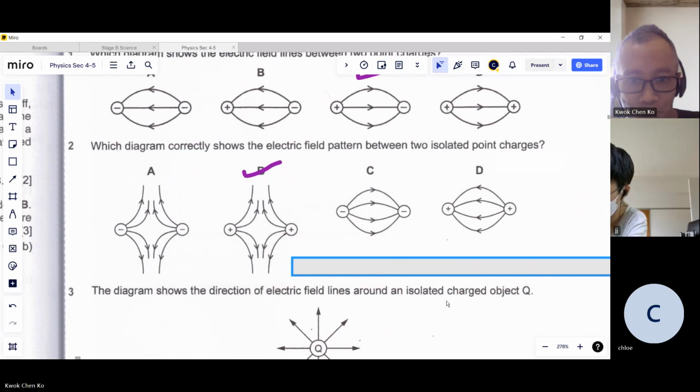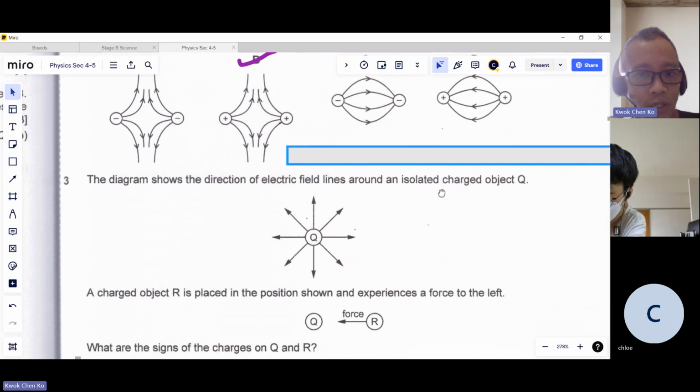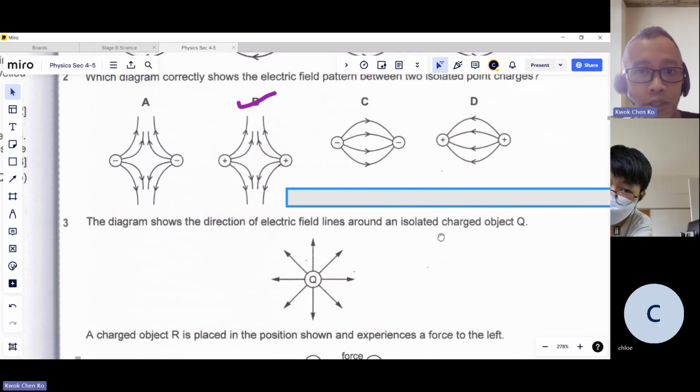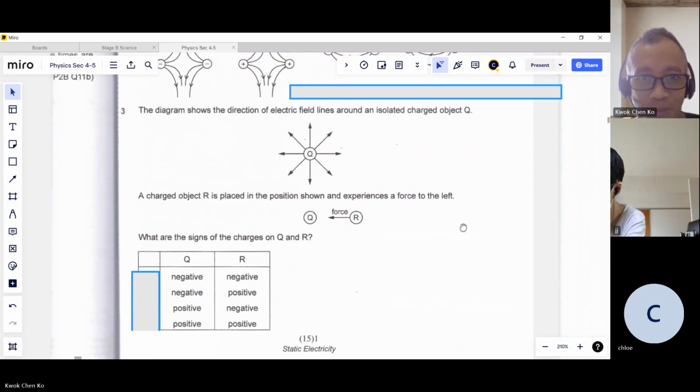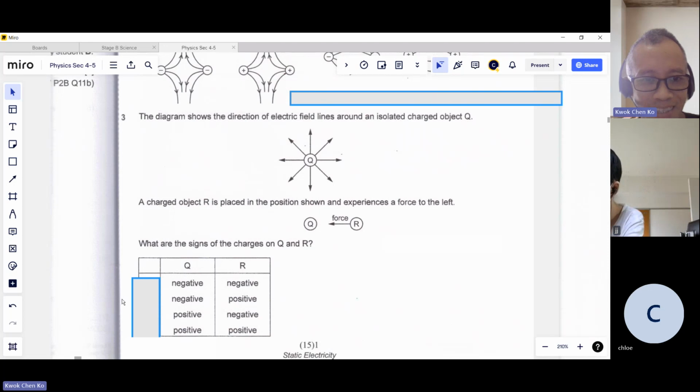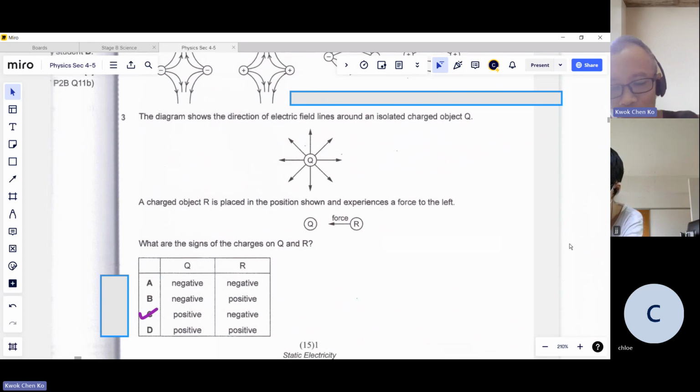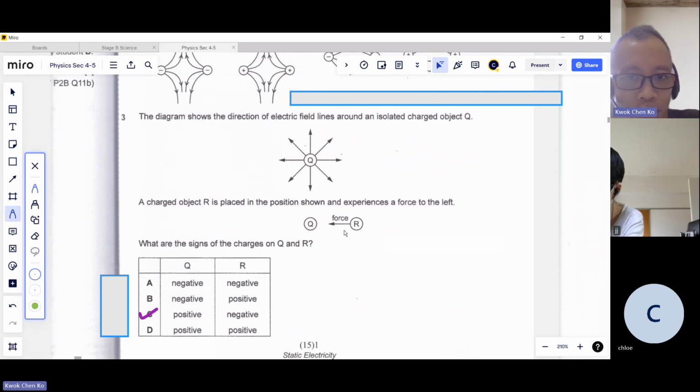Okay, look at number 3. Number 3 is of course a bit tricky, but shouldn't be a big problem. Jingjie, what do you put for number 3? C. Okay. Just a note: make sure you realize that these arrows here are for electric field lines, direction of the electric field lines.